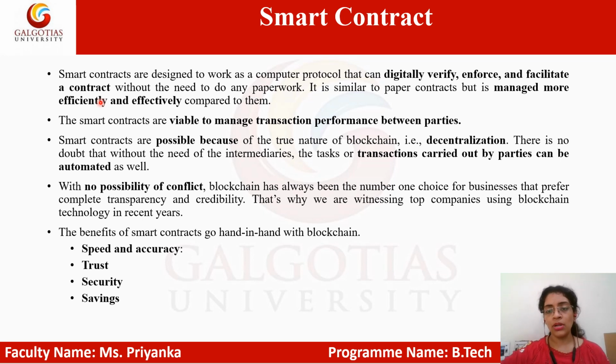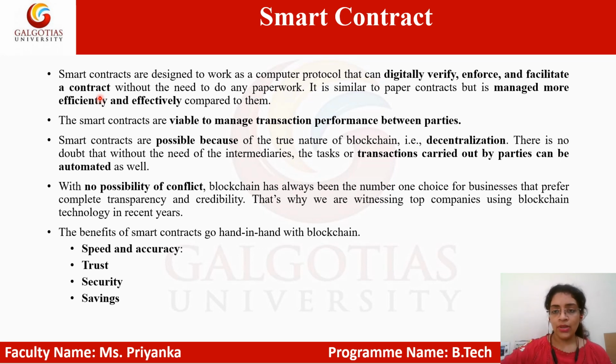In our business, we say in verbal communication that this is written in the contract, so you cannot do that, and we as human beings check it manually. But in blockchain, a smart contract works automatically, and there is no need for manual working.